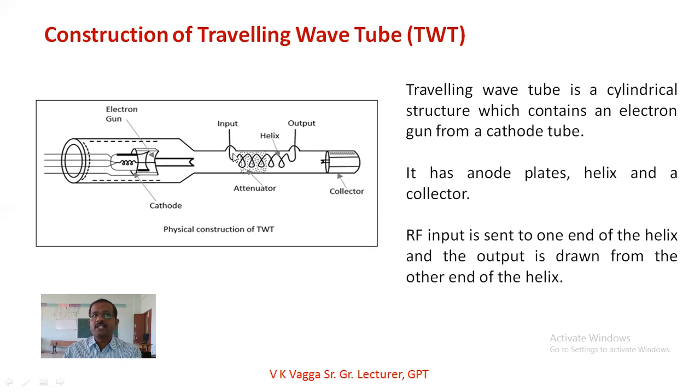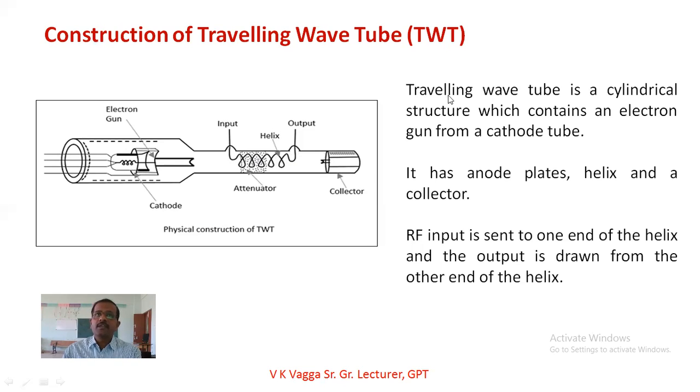The input is used to input the RF signal. At the other end, it consists of the collector, which is used to collect the electrons emitted by this cathode.